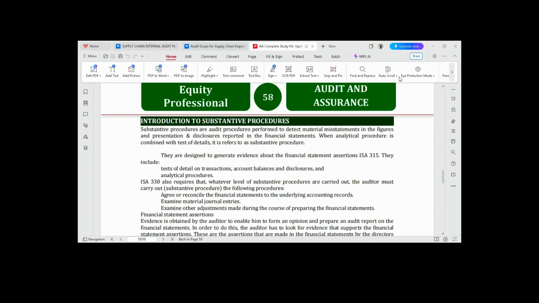Now, on the other hand, the tests of detailed transaction are audit tests that are performed in order to verify the accuracy and completeness of the client's financial transactions.